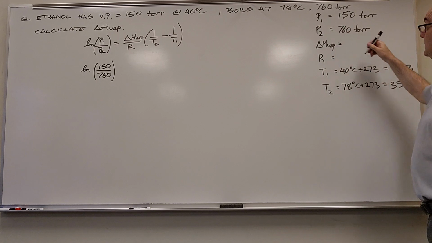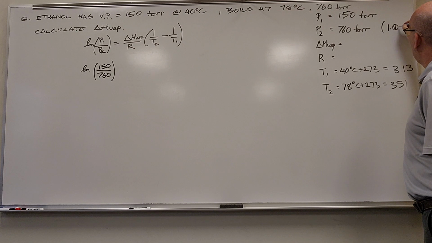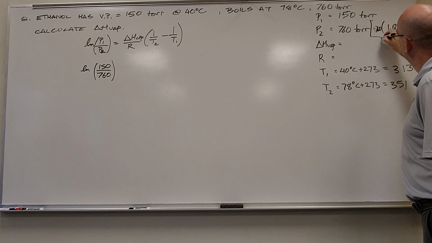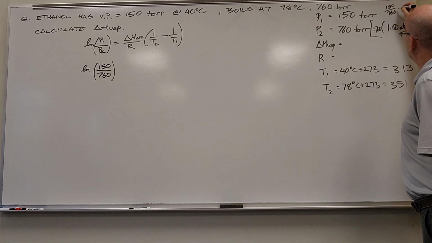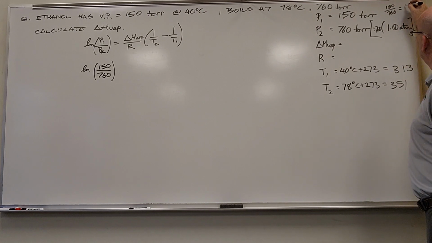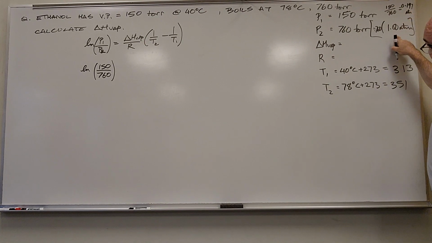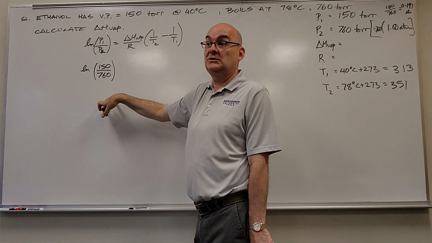You could have made this be 1 atmosphere by dividing it by 760. So whatever 150 divided by 760 is, 0.197 atmospheres. In which case you would still want to make P2 the denominator here, but now it's just divided by 1.